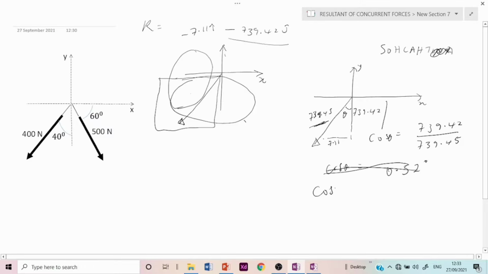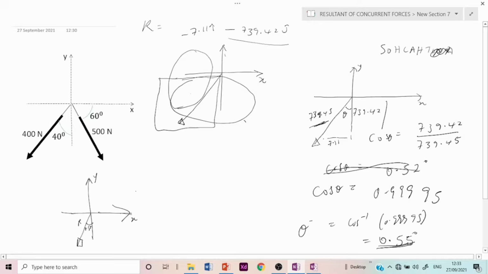You're going to have cos theta equal to 0.99995. And if you find the arc cos of 0.99995, you are going to get 0.55 approximately, which is what we had earlier.